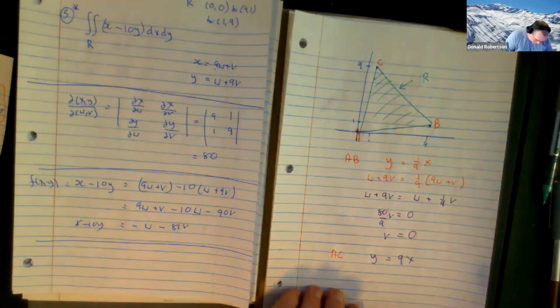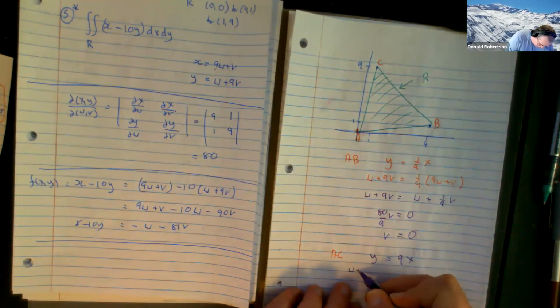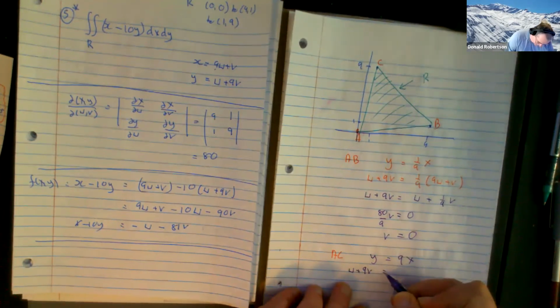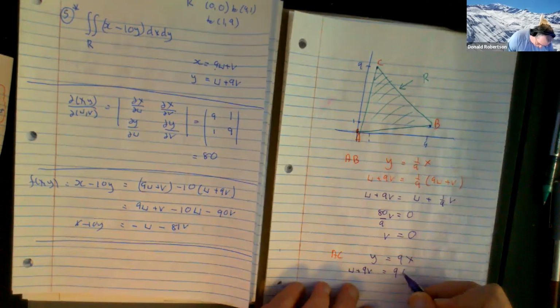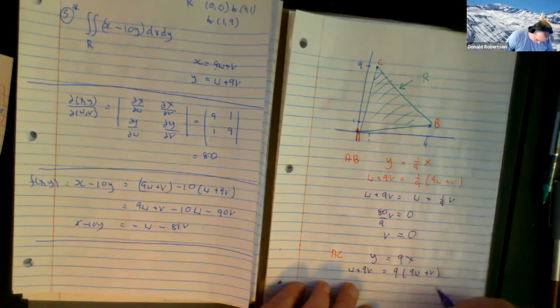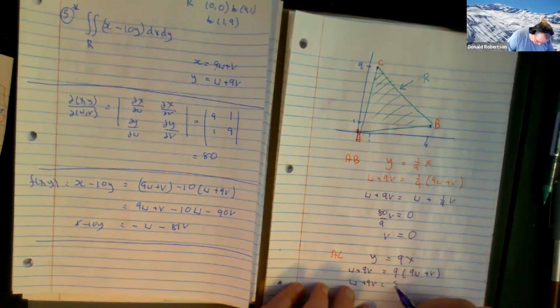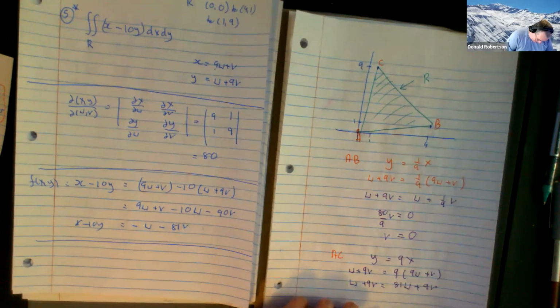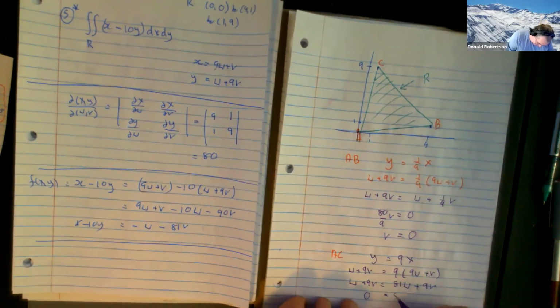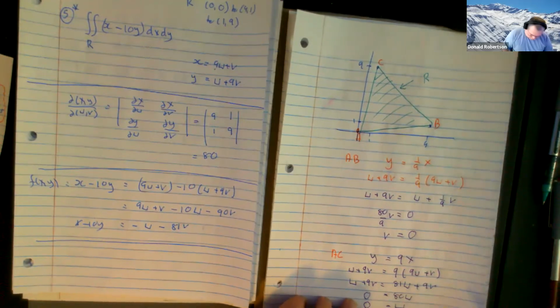Now, according to what we have, u plus 9v is 9 lots of 9u plus v. And so u plus 9v is 81u plus 9v. And that gets me u equals 0.